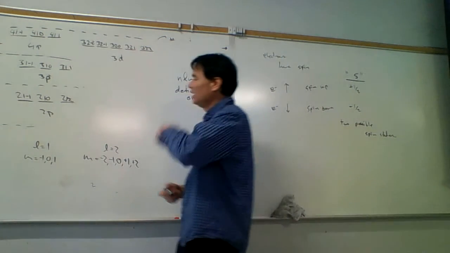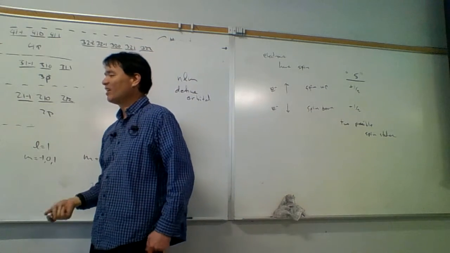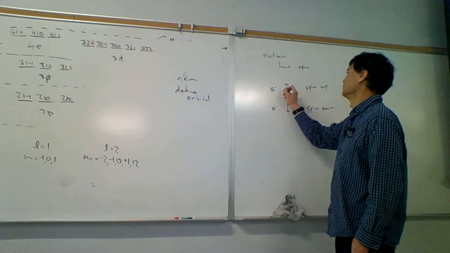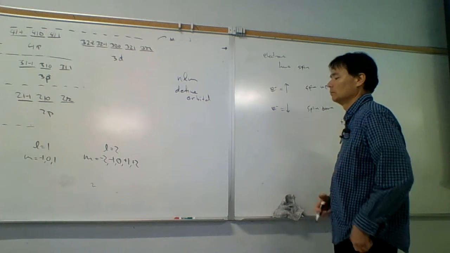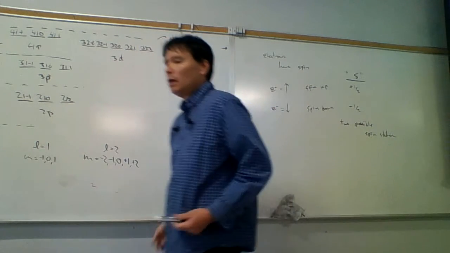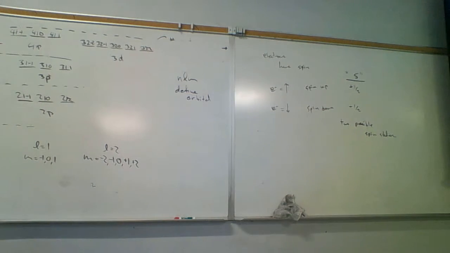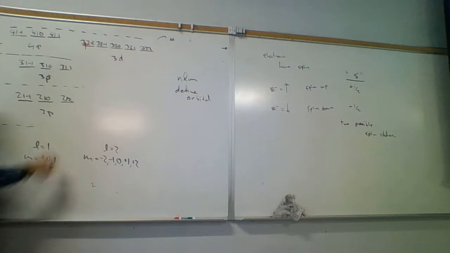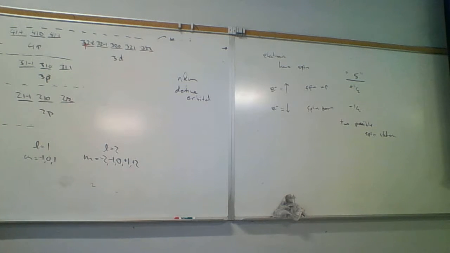So, for example, the way I'm going to represent electrons is by using an arrow now. And so, let's put an electron here. I'm going to put an electron here. Okay, where's that electron?